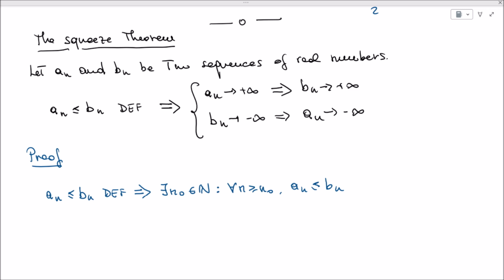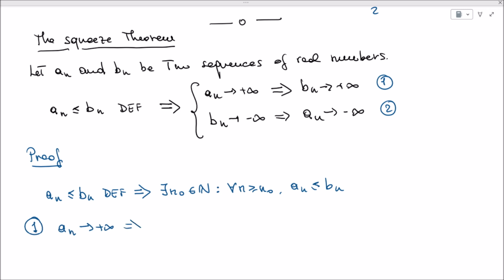So let's now consider case 1 and case 2. Okay, let me start with case 1. We're saying that if an tends to plus infinity, let's see what that implies.